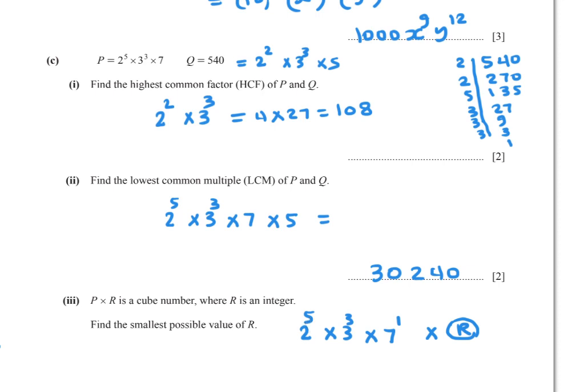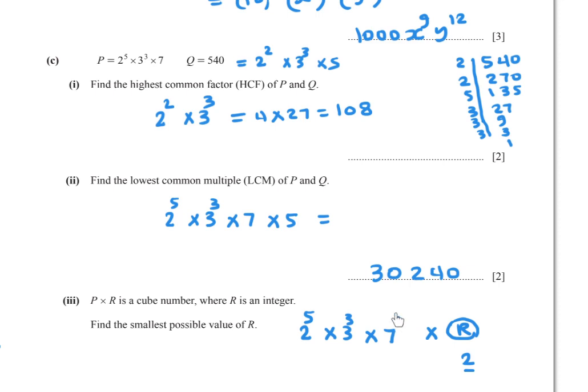But to make the power divisible by 3, we need to add 1 to the power. We need 5 to become 6. So we need to multiply by 2. And 3 power 3, no need to change because this is divisible by 3. 7 power 1, 1 is not a multiple of 3.